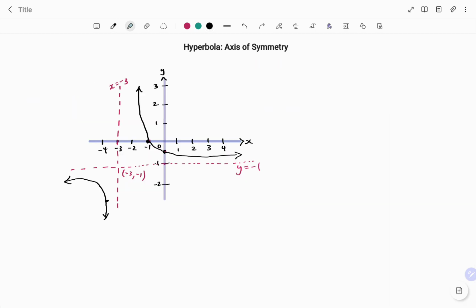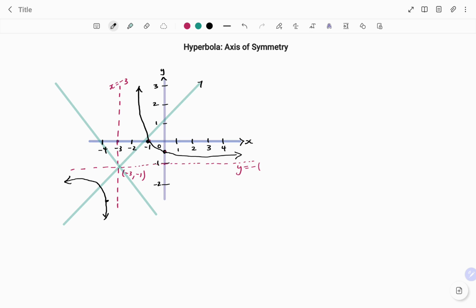Note that the hyperbola has two axes of symmetry, and they intersect at the same place the asymptotes intersect. You have the positive and the negative axis of symmetry. So you have one in that direction, and you have the other one in this direction. One has a negative gradient and the other one has a positive gradient as shown.